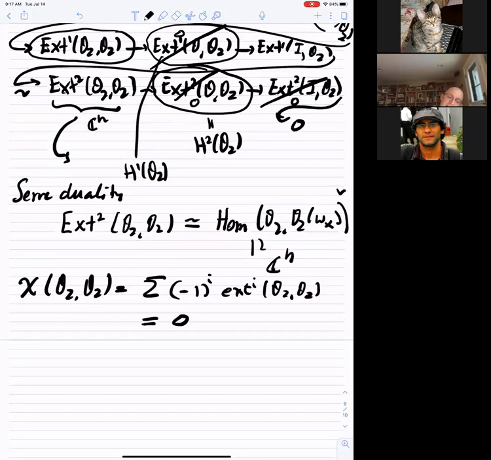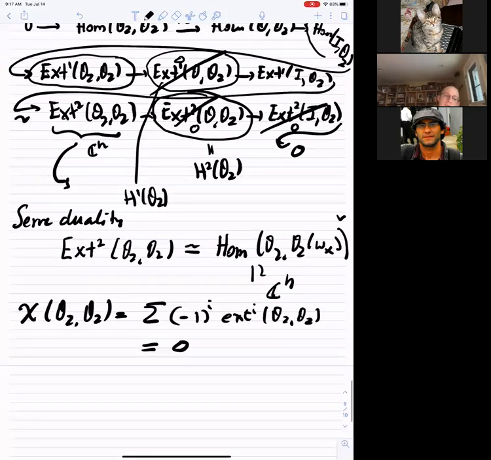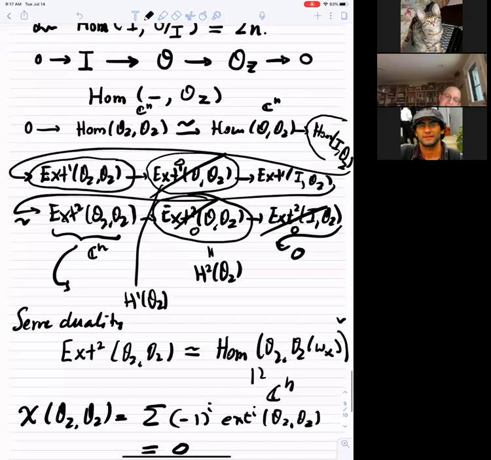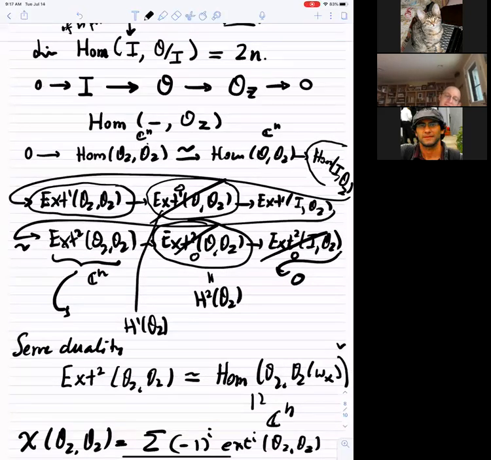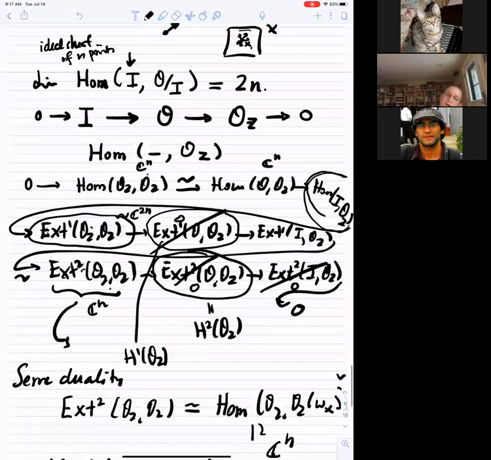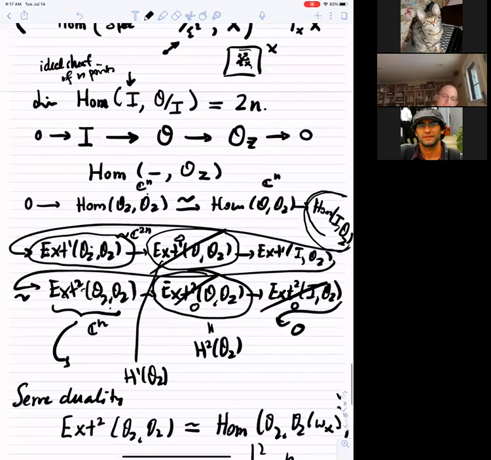You can give a projective resolution of O_Z and actually calculate this. This is 0, right? But so then if it's going to be 0, here I have C^n, so that's n-dimensional. Here I have C^n, that's n-dimensional. So this plus this minus this has to be 0, so that you learn that this has to be C^2n. So you see that this tangent space that we wanted to calculate was always 2n-dimensional, okay?